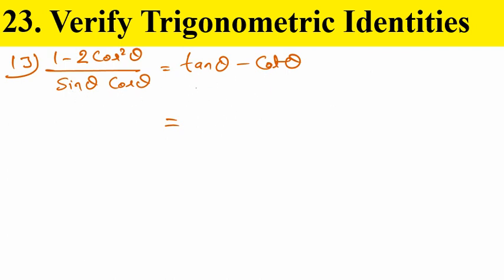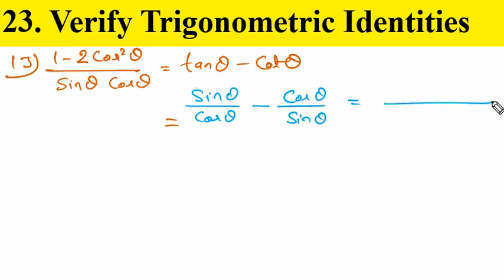Tan theta is nothing but sine theta over cos theta, and cot theta is nothing but cos theta over sine theta. Now in this one, in the denominator, the LCM is cos theta sin theta, or let me write it sin theta cos theta for similarity purpose, because here we need sin theta cos theta, right?